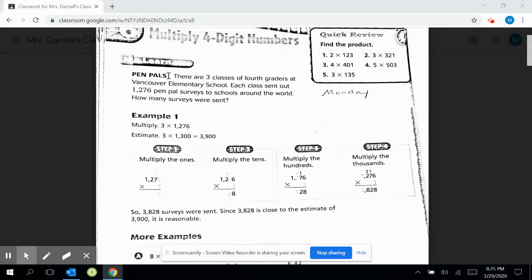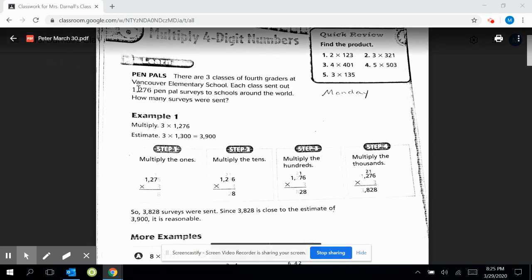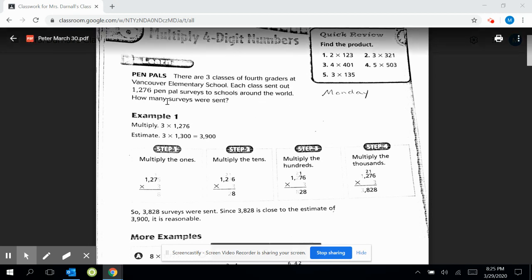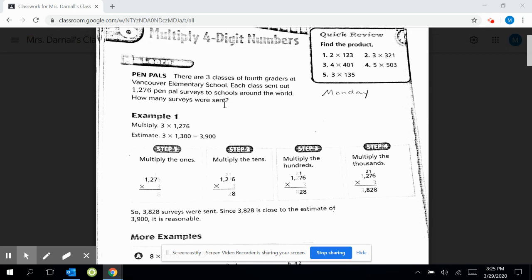It says there are 3 classes of 4th graders at Vancouver Elementary School. Each class sent out 1,276 pen pal surveys to schools around the world. How many surveys were sent?